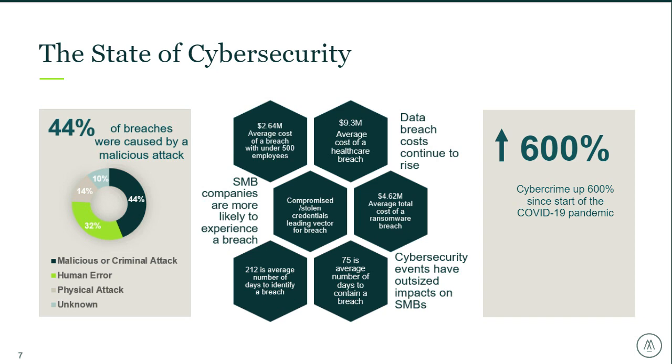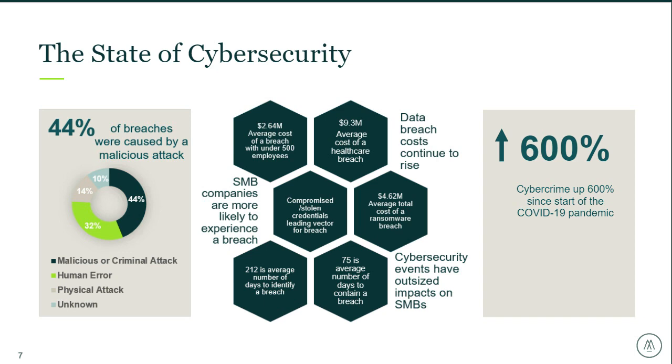The main thing that they're trying to identify and provide is information on what's going on out there for various industries. So they've identified that the breaches occurring the most are usually coming from a malicious attack, somebody that's actually trying to attack an organization, or human error.